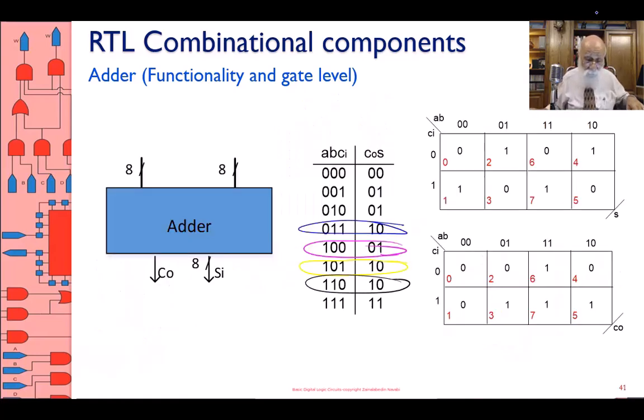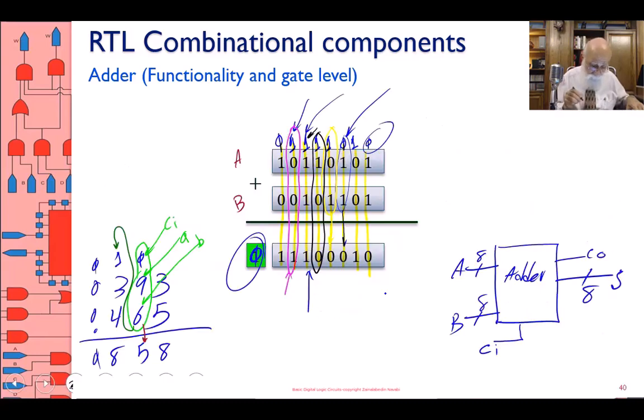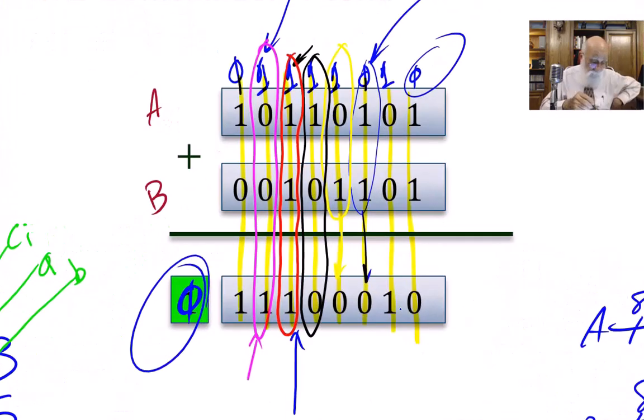And then I also showed you that I do have 111, which is this one over here. 111 adds to 1 with a carry of 1 into the next position. The result is 1, and then the carry into the next position is 1.